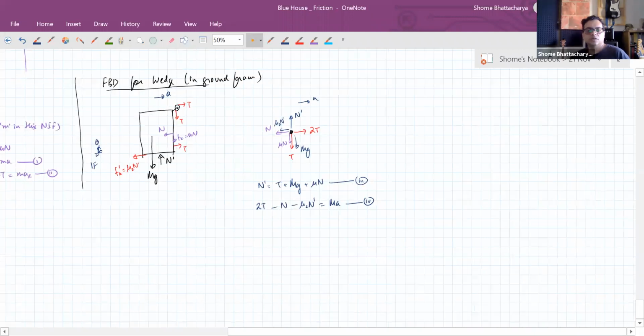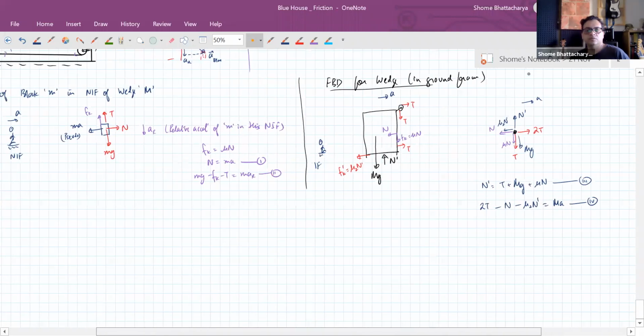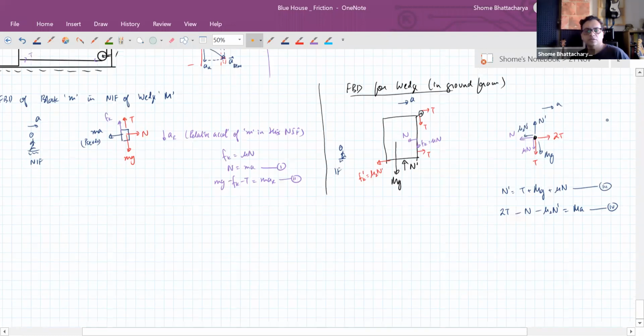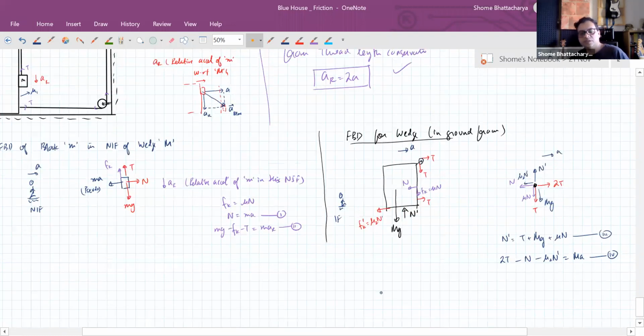So now, if you look at the whole set of equations that you have, your variables are N, N prime, T, a relative, and A. So these are your variables, five variables. So you need five equations. This one will act like your fifth equation.